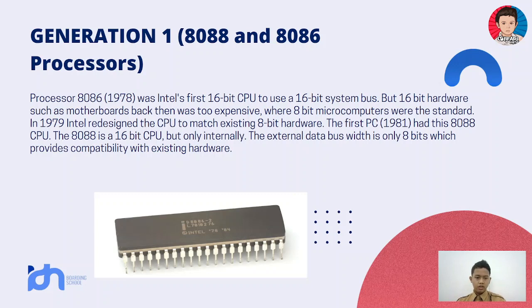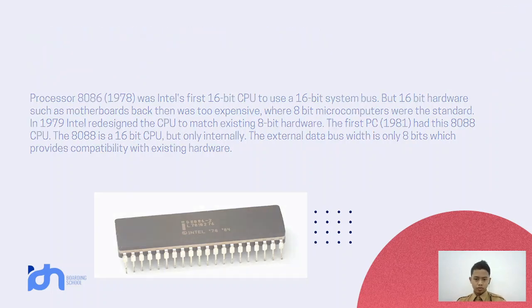The first PC in 1981 had this 8088 processor CPU. The 8088 is a 16-bit CPU, but only internally. The external data bus is only 8 bits, which provides compatibility with existing hardware.